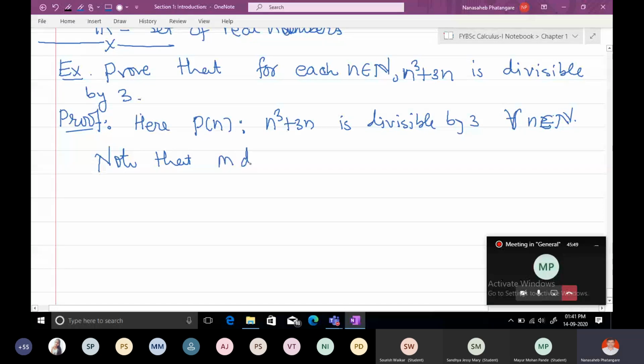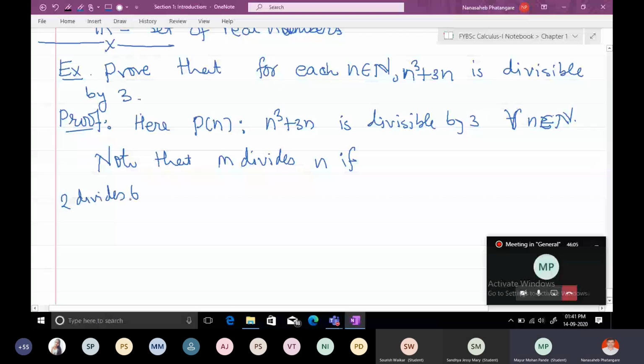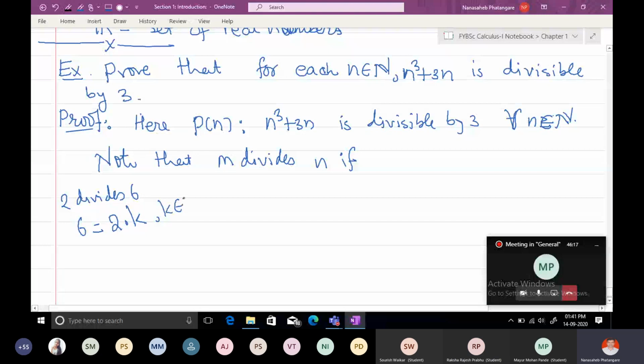When we say that the number m divides number n, for example 2 divides 6. Why does 2 divide 6? Because 6 satisfies divisibility. Divisibility means 6 can be expressed as 2 times some integer k, because 6 is 2 times 3. Therefore when we say that some number divides another number, that means the other number is a multiple of it, so 6 is a multiple of 2, or 2 is a factor.